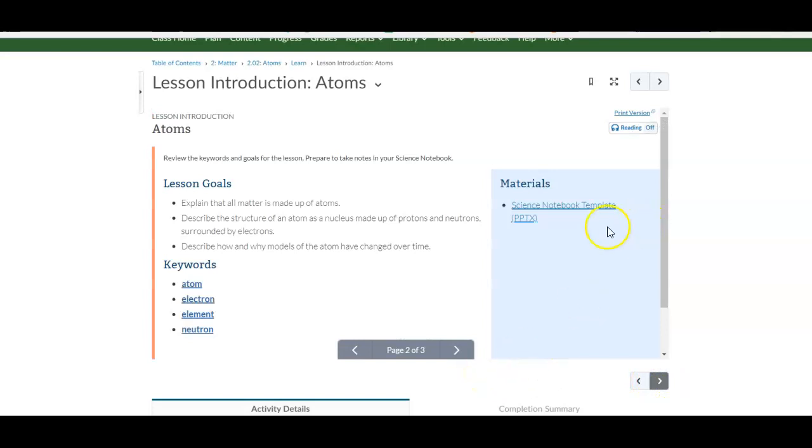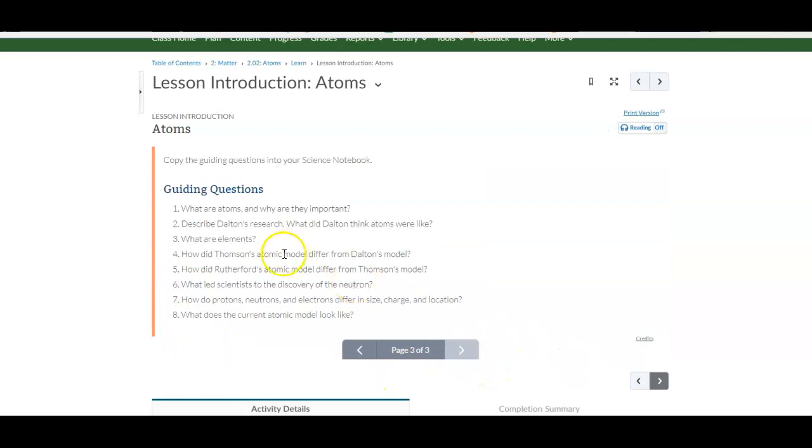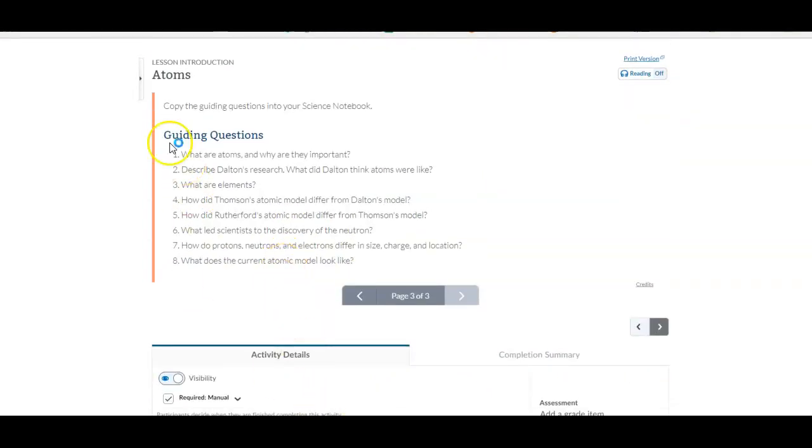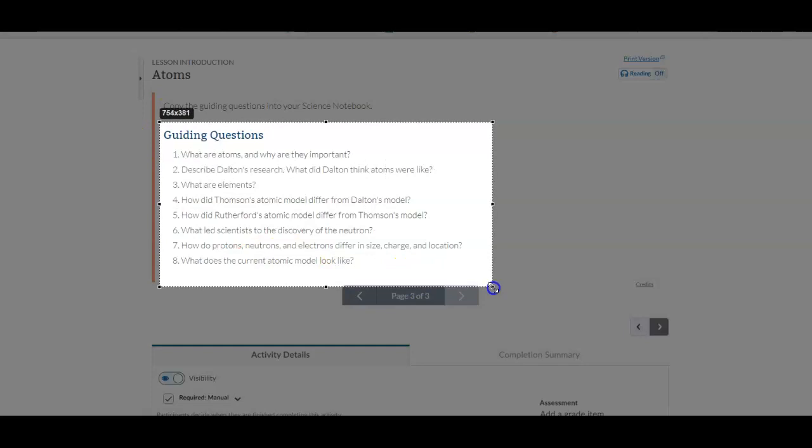So here is the template slide. Again, you should open up your existing PowerPoint. You started a slide or a new presentation the last lesson, so you should just be adding to that and not creating a new one each time. You are going to want the key words on the left side in your notes. And then here are the guiding questions that we'll be looking at today.